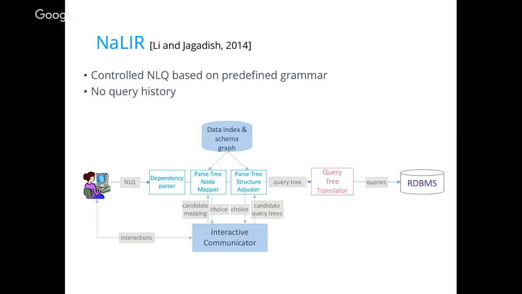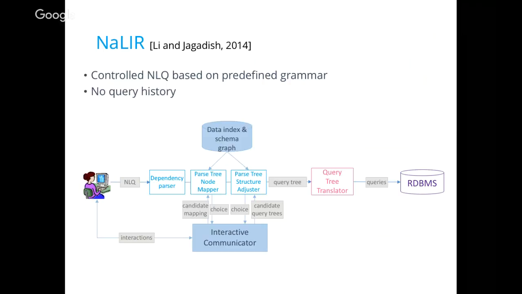Okay. So the next system is called NaLIX. Again, this also uses controlled NLQ based on a predefined grammar, and there is no query history. The system architecture is very similar to the generic one. The main thing that is unique about this is that it also has a parse tree adjuster.